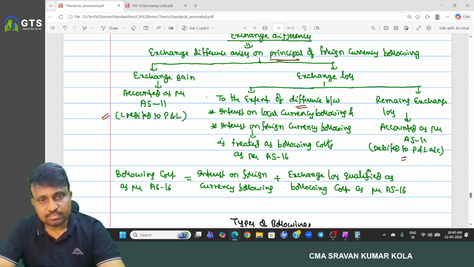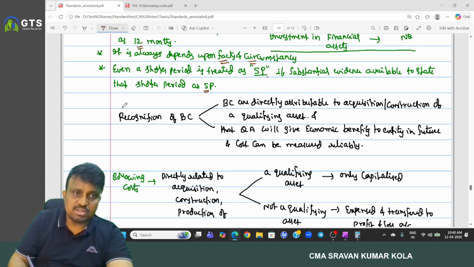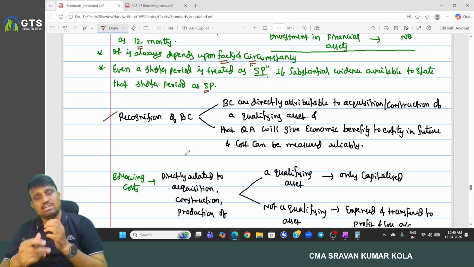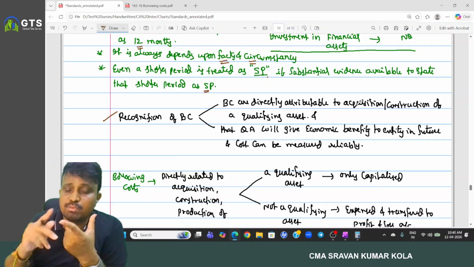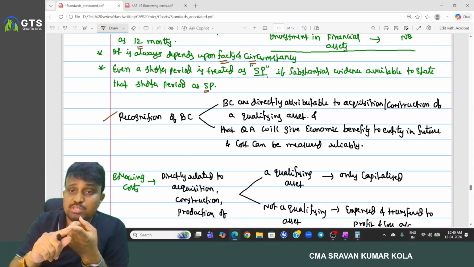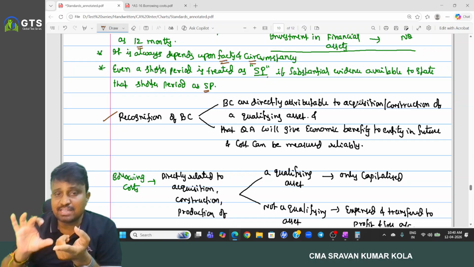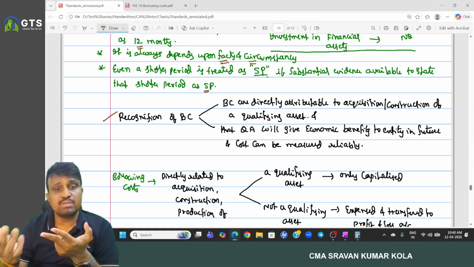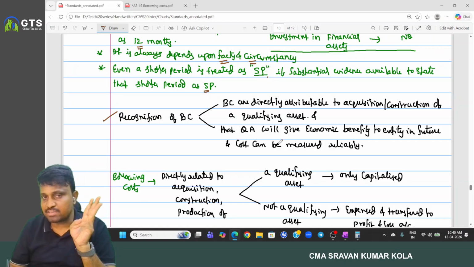Okay. So this is what relates to exchange differences. Next, coming to the recognition of the borrowing cost. We recognize borrowing costs if they are directly attributable to the acquisition, construction, or production of a qualifying asset, that asset will provide economic benefits to the entity in future, and the cost is measured reliably. These are the three parts.